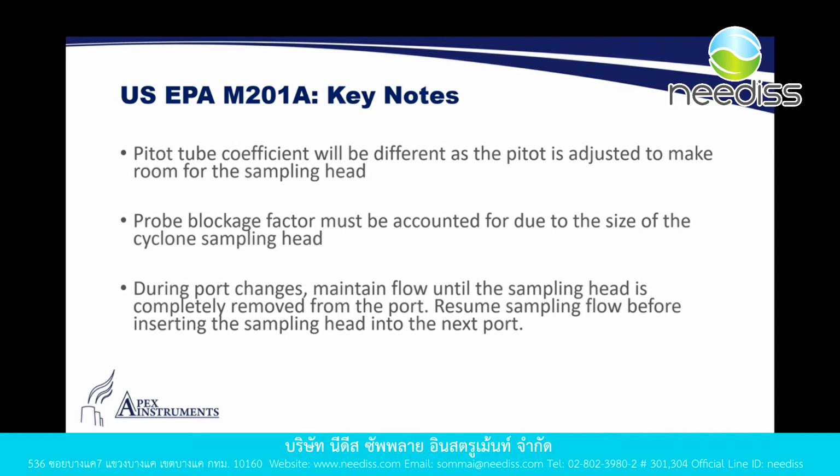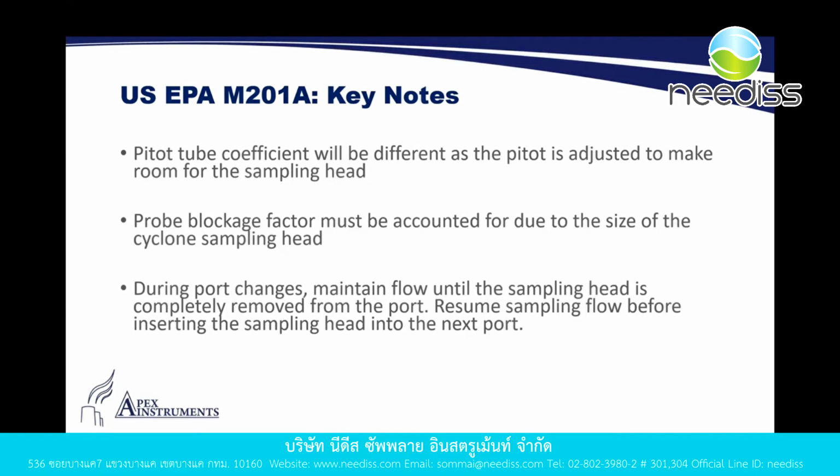And then during your port changes, unlike Method 5, you would maintain your flow, your suction, until the sampling head is completely removed from the port. So basically you are continuing to capture that gas, that PM, all the way until the cyclone comes into the ambient or outside air.